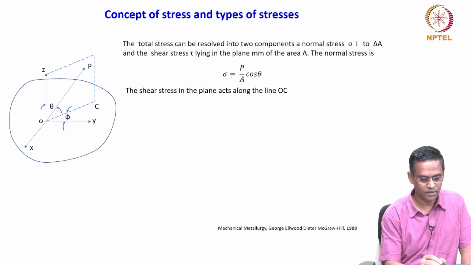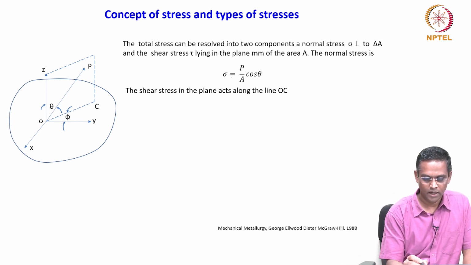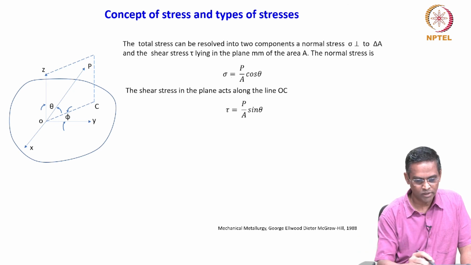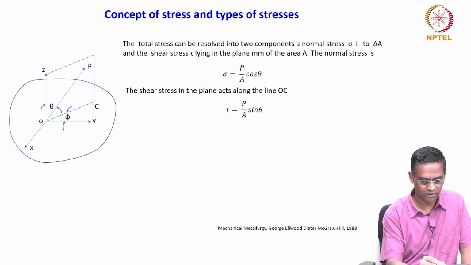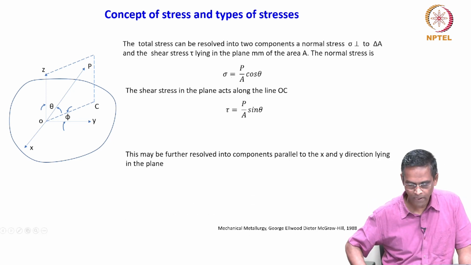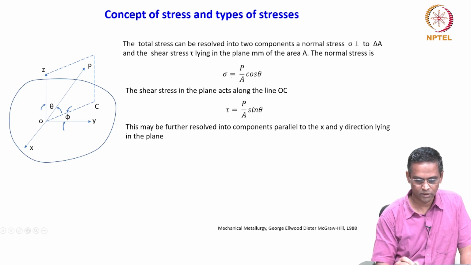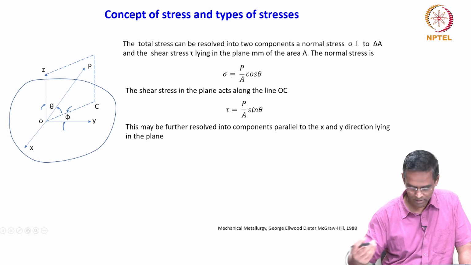The shear stress acts in the plane along OC. This is the angle between y and this plane, that is phi. So tau is P by A sin theta. We are looking at the shear, and it may be further resolved into two components parallel to the x and y directions lying in the plane.